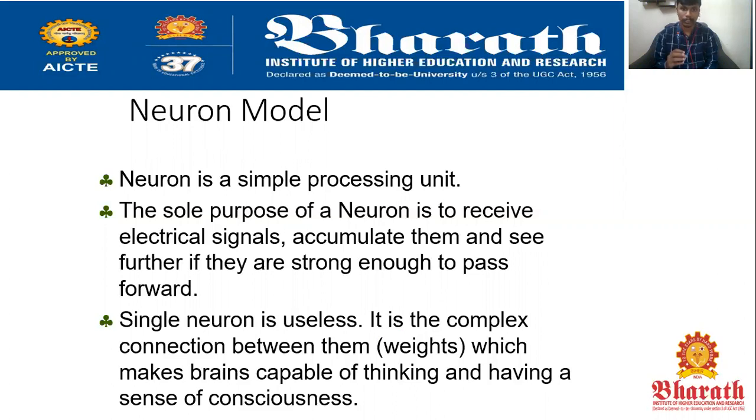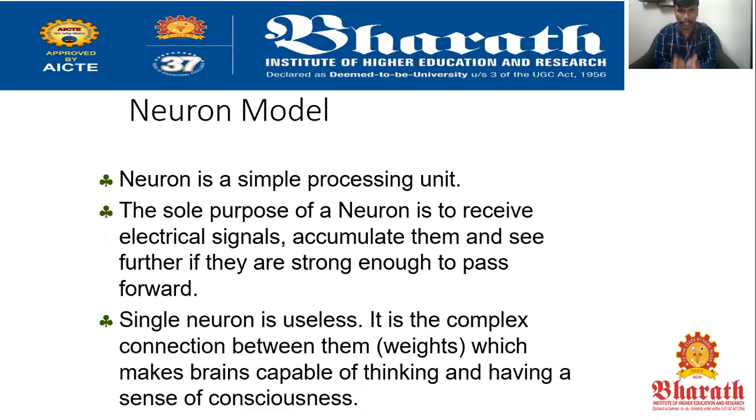That means neurons will be receiving the information or the response from the human brain as well as the human body. The electrical signal which is being received or transmitted will be accumulated and processed, and neurons will make sure the electrical signal which is yet to be transmitted is strong enough for passing it to the network.